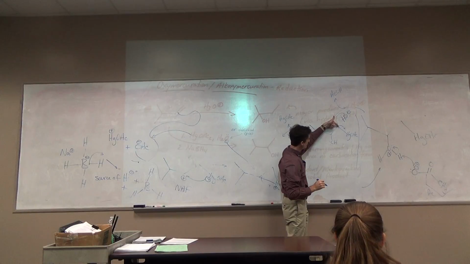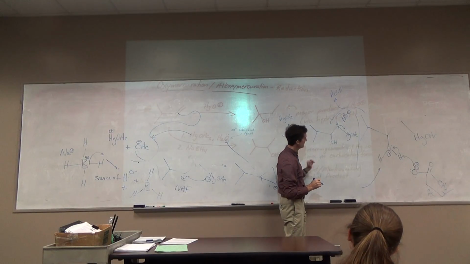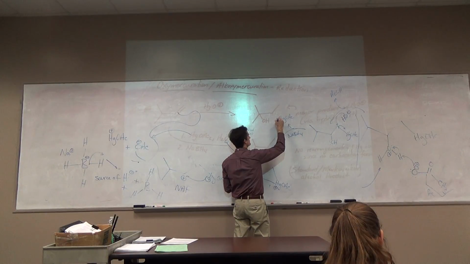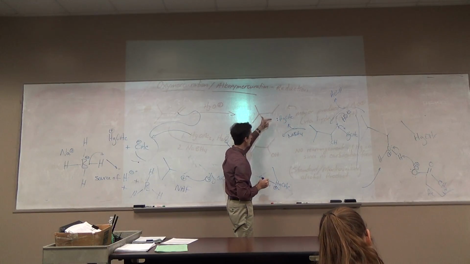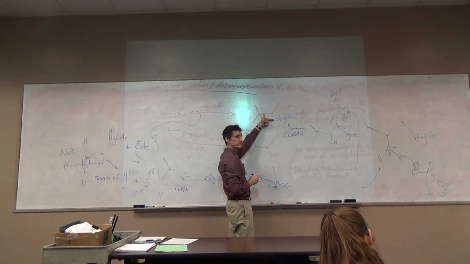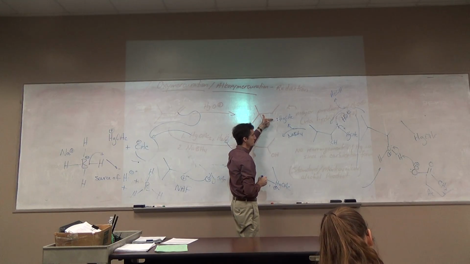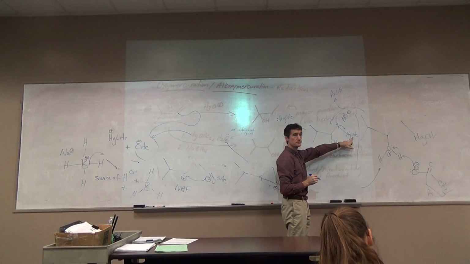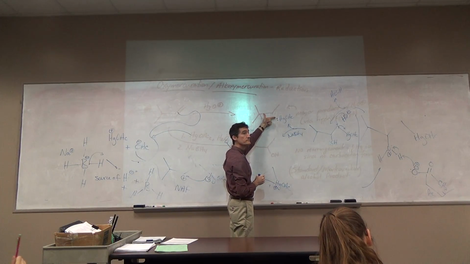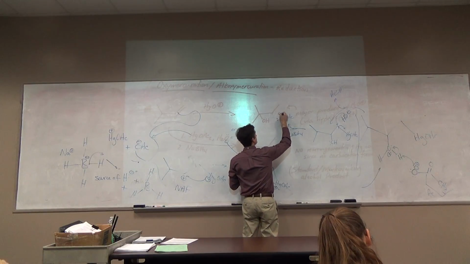What's on the mercury now as a result of that arrow? A lone pair. What's the charge of the mercury thus now? It's neutral here, right? What is it now? Negative now, right?